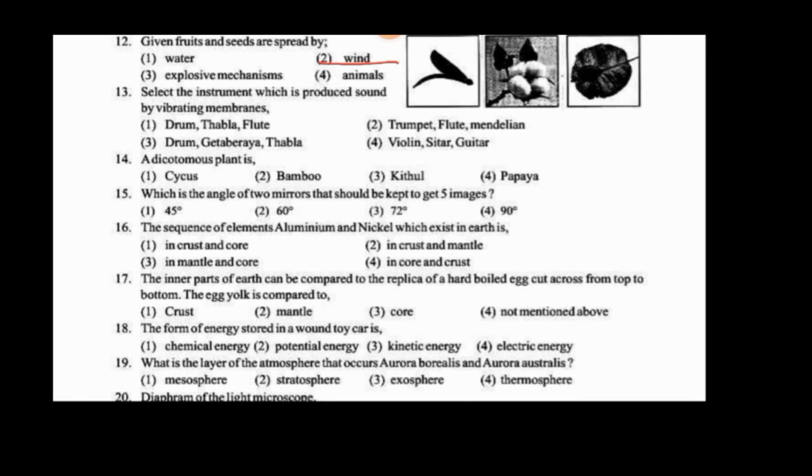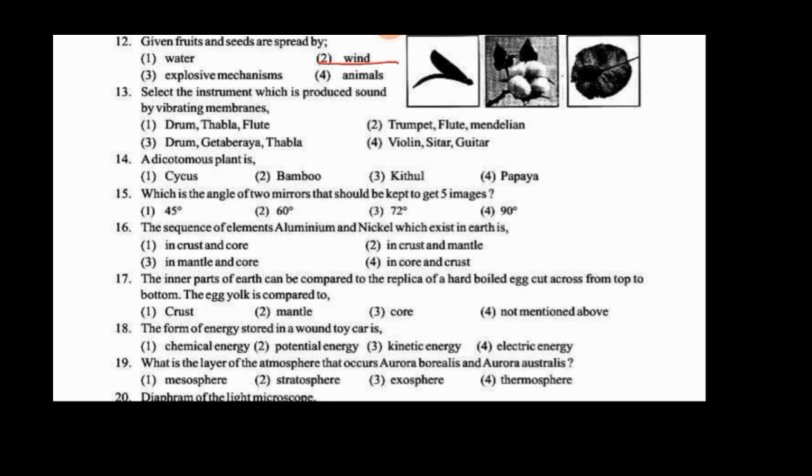Then question number 13. Select the instrument which produces sound by vibrating membranes. In that lesson you learn, right, musical instruments can be grouped into 3 categories based on the way they produce sound. Now, normally sound is produced by a vibration, right? The first group is instruments which produce sound by vibrating membranes.